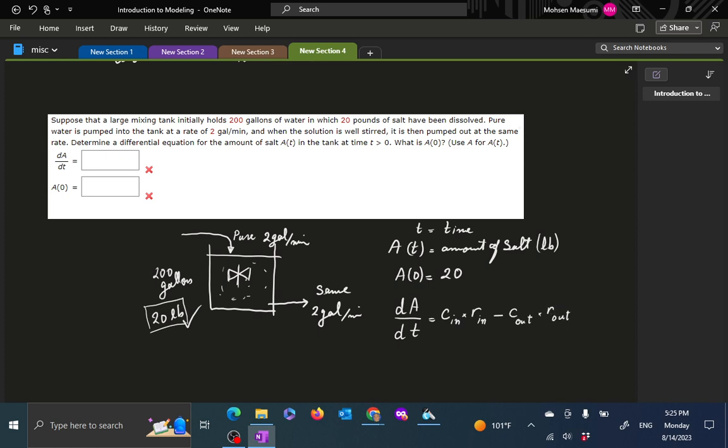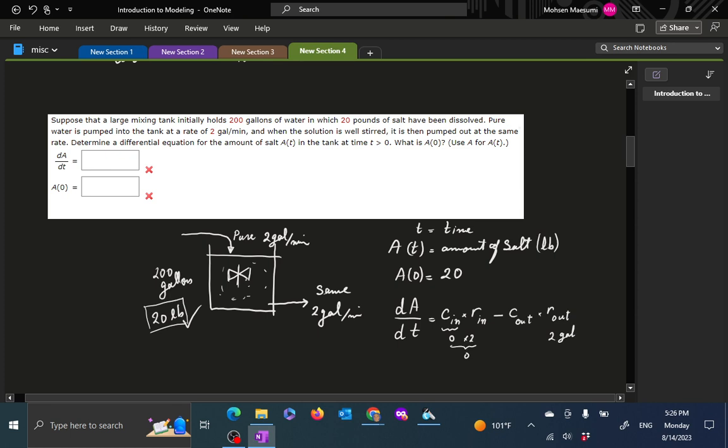Now in this problem, it so happens the concentration coming in is 0. The rate at which the water is coming in is 2 gallons per minute. So overall, there is no salt coming in anyway. The rate at which the water is leaving the tank is just 2 gallons per minute.